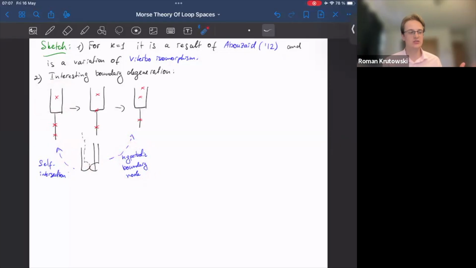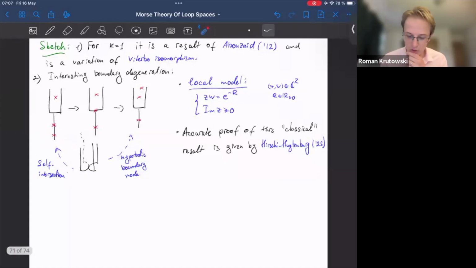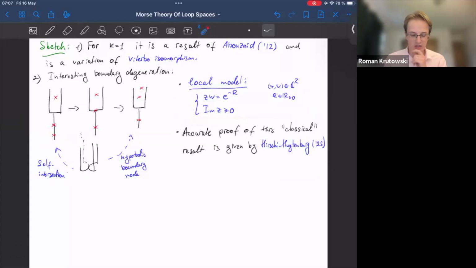So in particular, we need the gluing result for hyperbolic boundary nodes. The local model is given like this, and the proof of this result is classical, in the sense that it's very similar to the standard interior nodal gluing, but now there is no rotation parameter here.